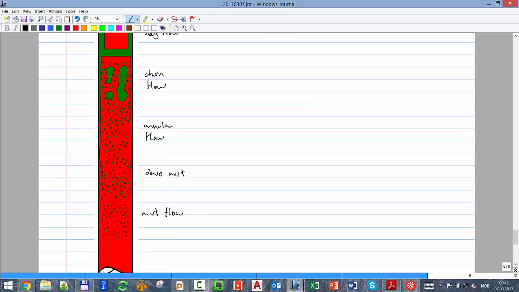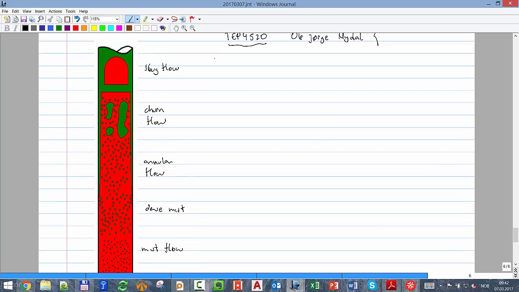Okay, so there are different ways how we deal with this flow. Because the main idea is to be able to estimate delta P and delta T with length.